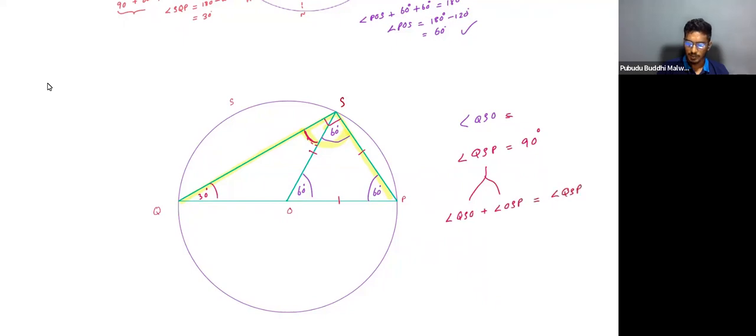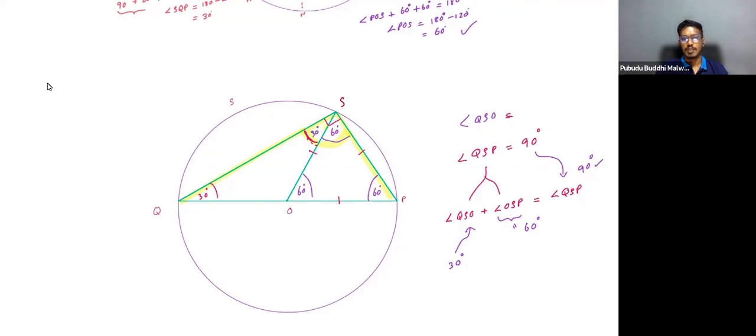So this QSP equals 90 degrees, this one 90, and OSP equals 60. Hence, the other part, QSO, should equal 30. Otherwise, how would you create 90? So QSO equals 30 degrees here.